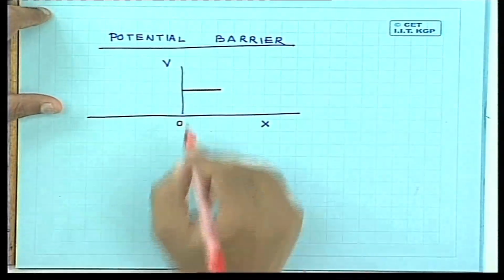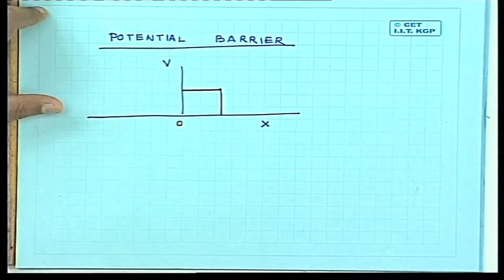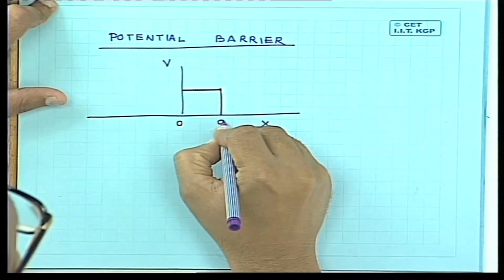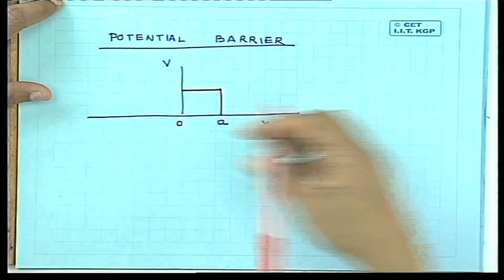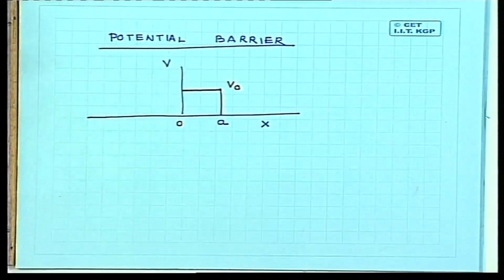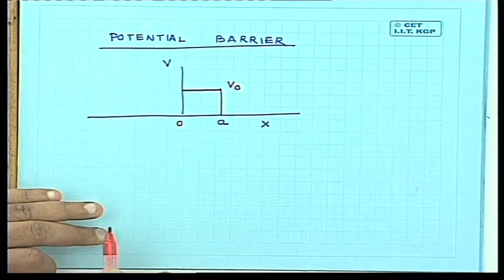This value is maintained, and then it falls to 0 again at, let us say, x equal to a. So the width of the potential is a, and the height of the potential barrier is V naught. So it is the reverse of the situation we were considering earlier, the potential well. Here we have a potential barrier.